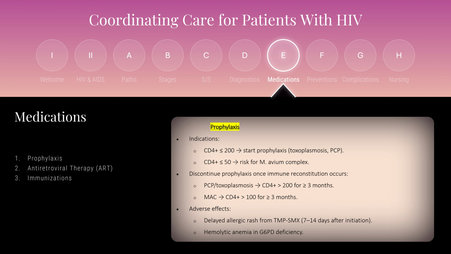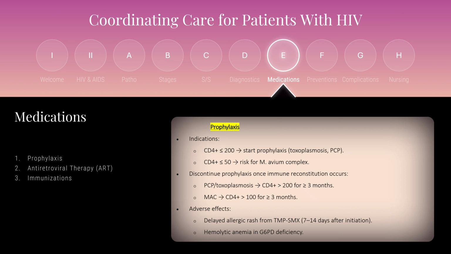Another one is Descovy, equally effective as Truvada, but not approved for people assigned female at birth. Another one is cabotegravir, available as an oral PrEP for short-term use or long-acting injectable PrEP.